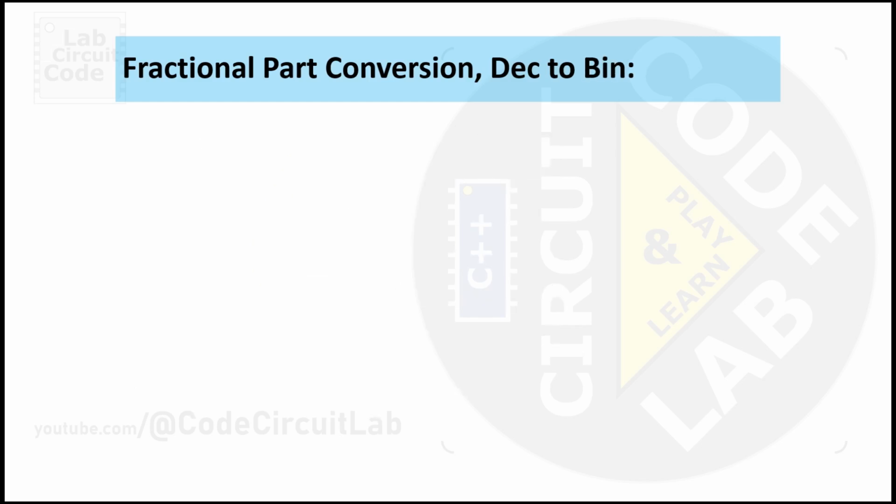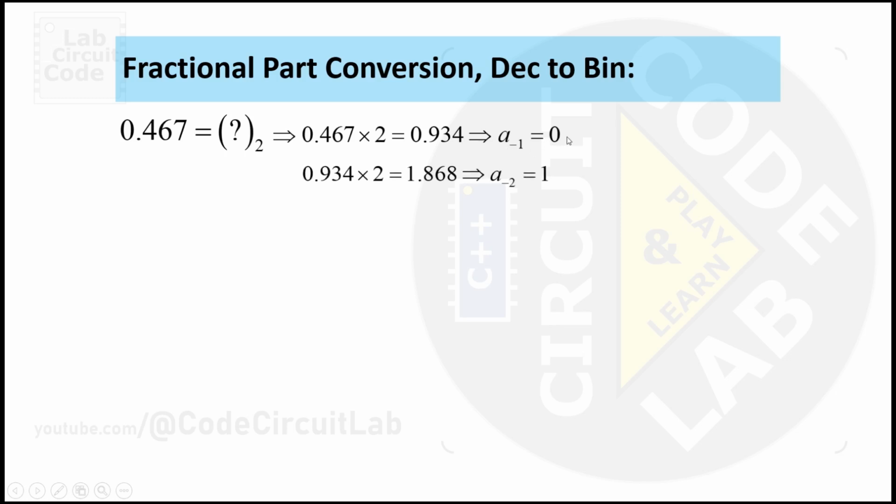Decimal to binary conversion. We multiply the number by 2. So our first a minus 1 is 0. We continue the process. We get a minus 2 as 1. We take out 1. Here we can't take out 0 from 0, so we don't take out anything.